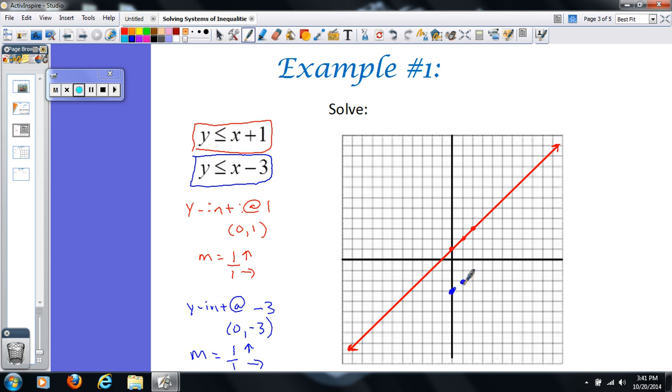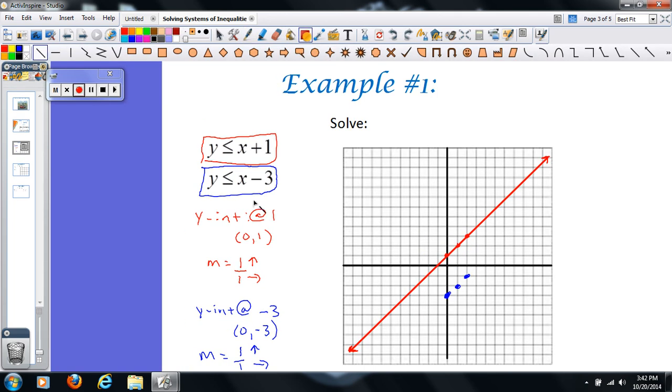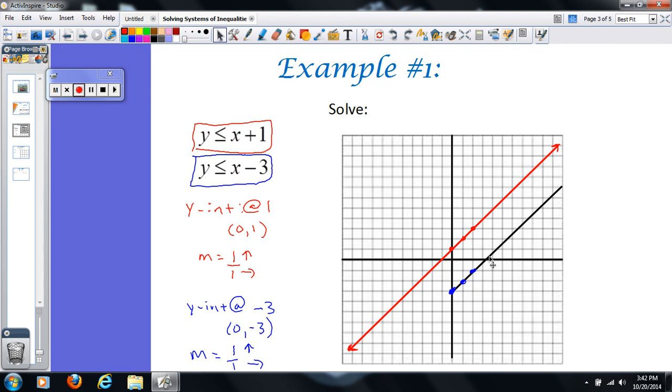Up 1, right 1, up 1, right 1. I have my points. Again, this is a solid line because it's less than or equal to. So we're going to use our solid line here, and let me go ahead and make that blue.